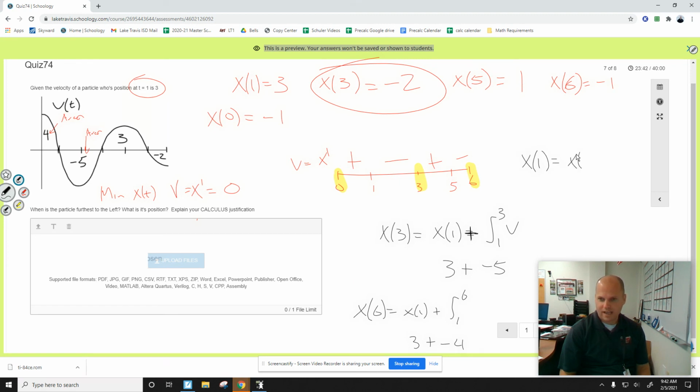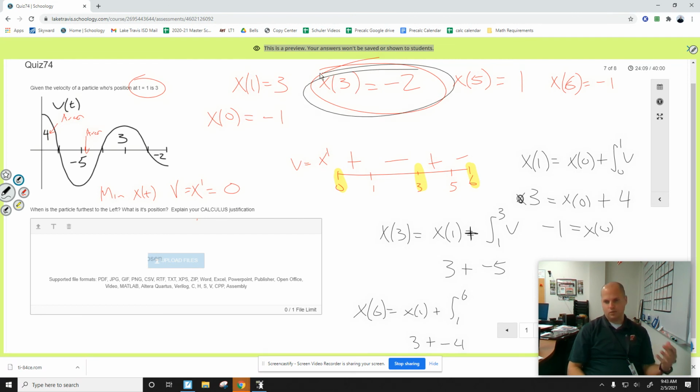My starting is at 0. My displacement from 0 to 1 is 4. I don't know where I start. How do I find x of 0? I'll subtract 4 to get that position at time 0. I go backwards. From 0 to 1, this area is telling me I'm going to the right 4. From 1 to 0, go to the left 4. It's -1. So what is the answer?